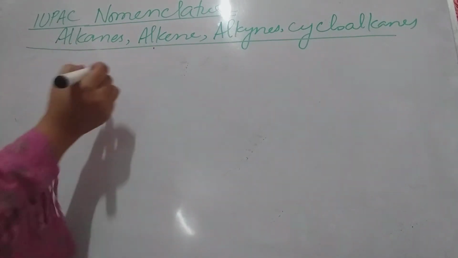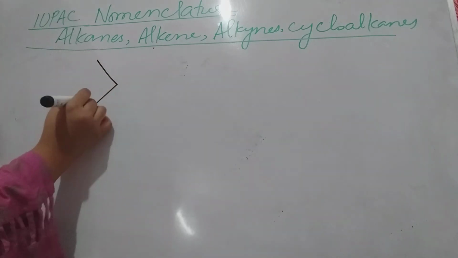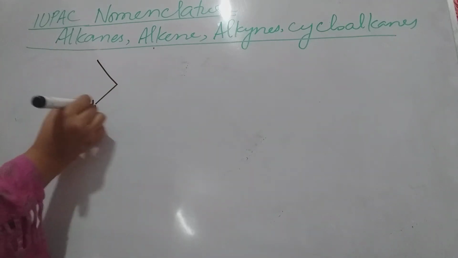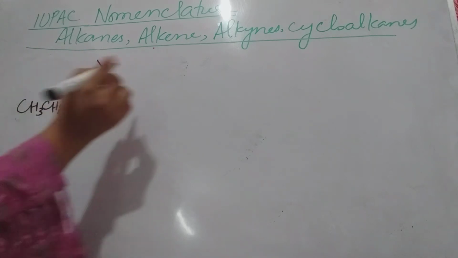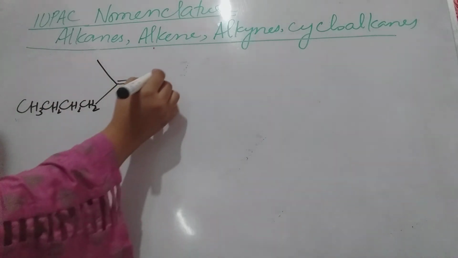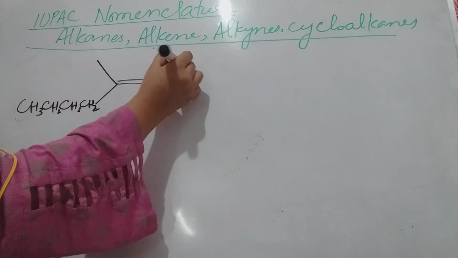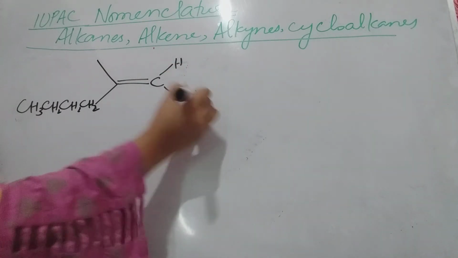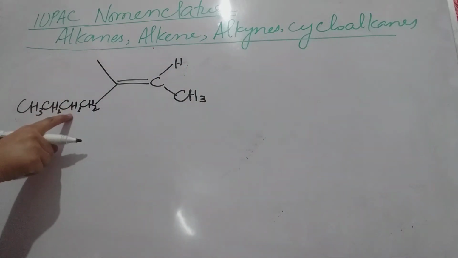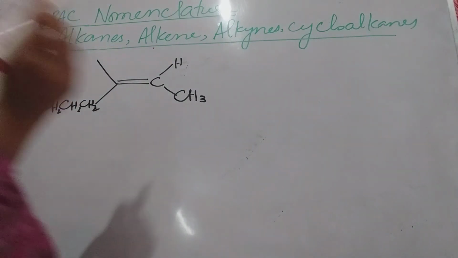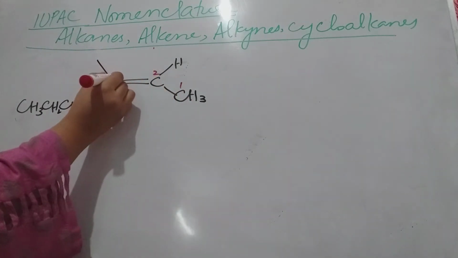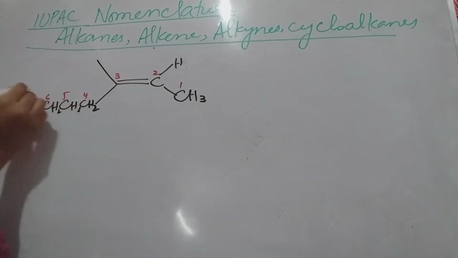There is a compound CH2, CH2 CH2 CH3. Here is the presence of a double bond, it's H and CH3. It's basically the cis isomer where both the bulky groups are on one side. Okay, definitely we will start numbering from here 1 2 3, 4, 5, 6, 7.